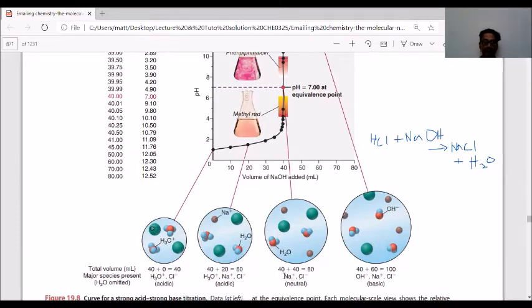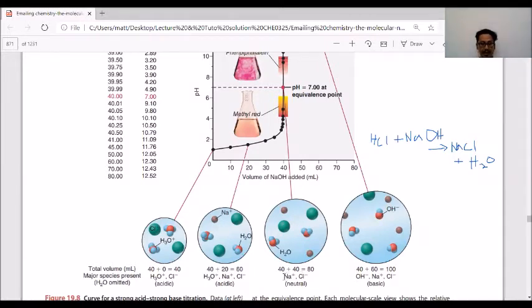Kenapa neutral? Because sodium ion and chloride ion, this is negligible strength to react with water. Tak ada apa? It is a negligible strength. Therefore, they create neutral salt solution. Ingat tak? For case of neutral salt solution, the ion is from strong acid and strong base. Alright.